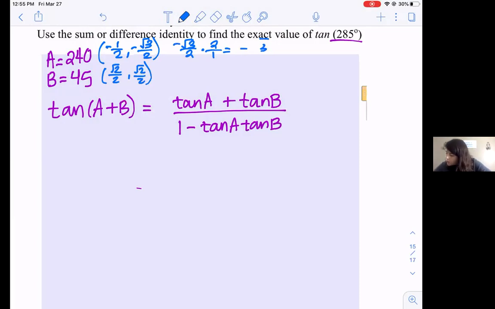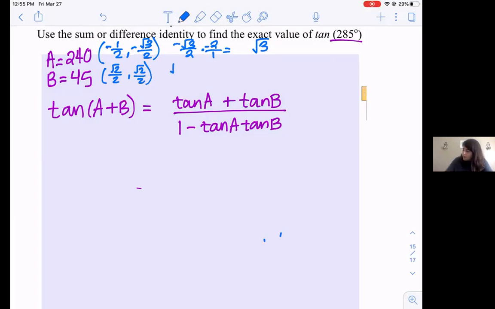So I get negative radical 3. I'm sorry, positive radical 3. Okay, so it's the tangent at 240, and that's in the third quadrant.